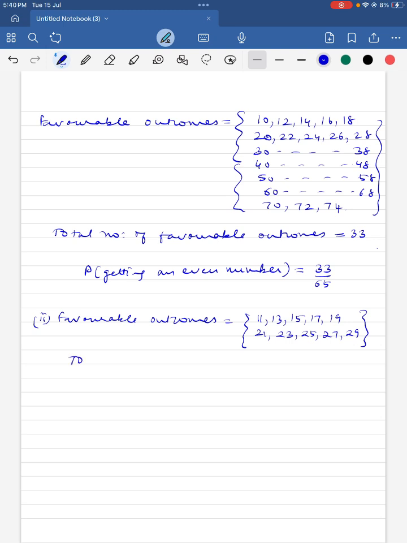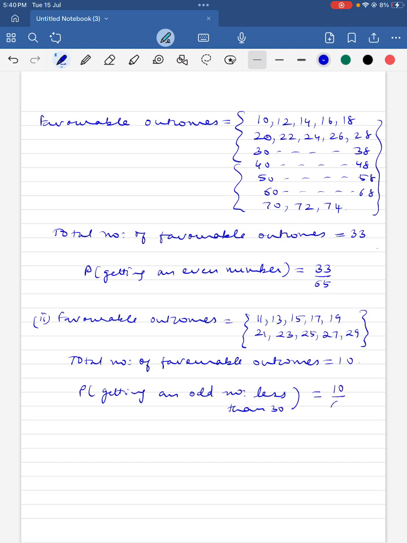The total number of favorable outcomes is 10. The probability of getting an odd number less than 30 is 10 divided by the total number of outcomes, which is 65. If I divide by 5 in the numerator and denominator, I get 2 divided by 13.